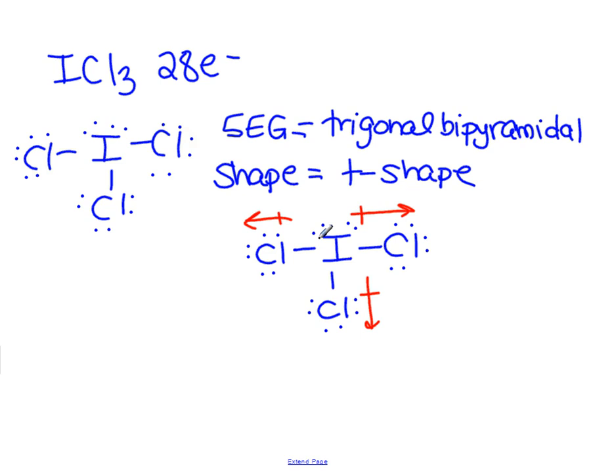So here, our problem is all of the dipoles won't cancel. These two here, the ones that are lining up, these 2 dipoles will cancel. The problem is this one down here won't cancel. And then you've got the lone pairs here that are not going to cancel. So here in this example, dipoles don't cancel.